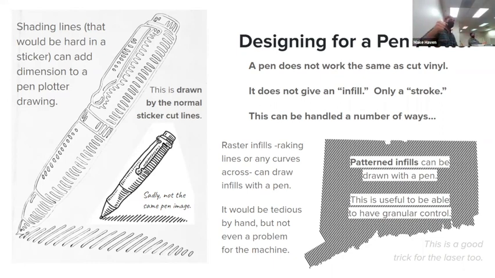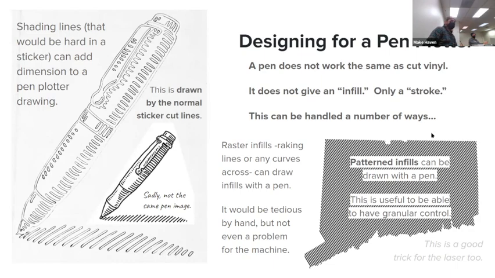That could be a pen drawing where a pen traces out each one of those and you get the shape drawn. Pen plotters are really cool, but you have to think about only using the stroke instead of the infill on any of your shapes. It's definitely a mind warp to get there, but you can get some really cool effects if you use that well.